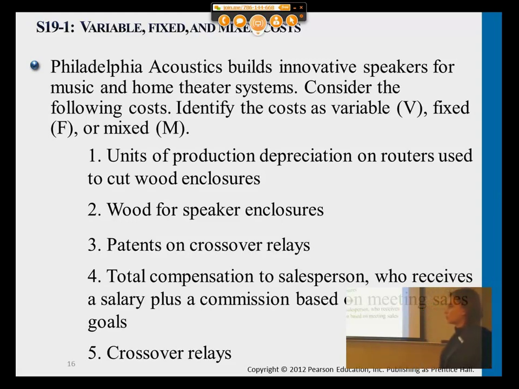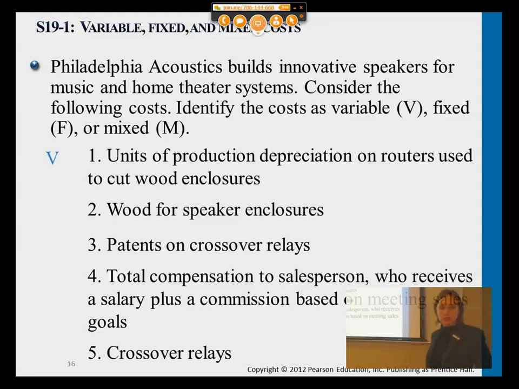Why do you think it's a straight line depreciation? It's units of production depreciation on, yeah? It's variable, right?